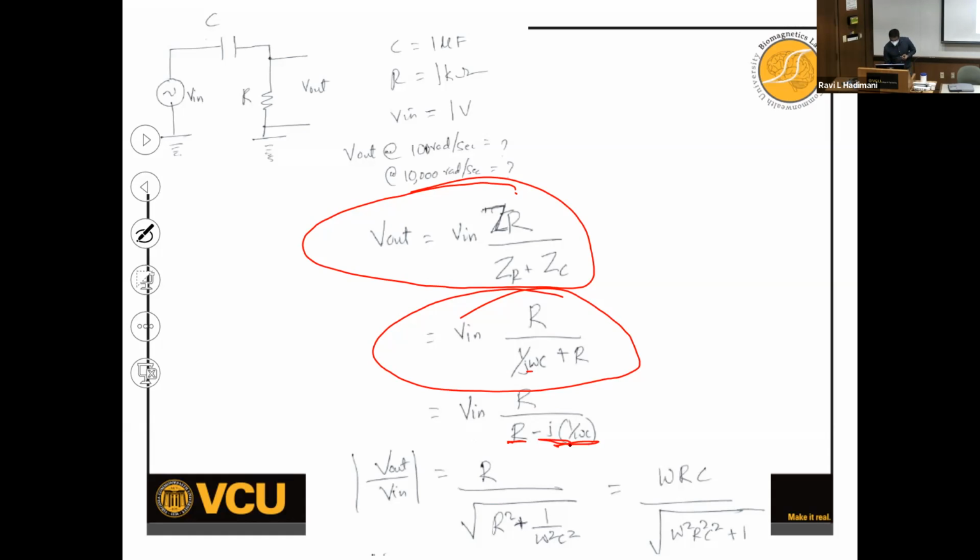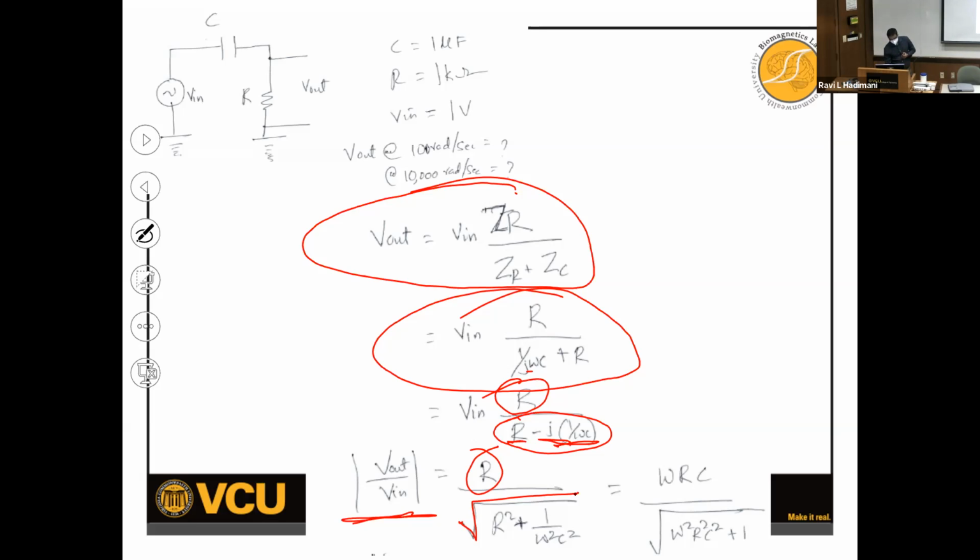Now if you take the magnitude of voltage out by voltage in, the magnitude of that is the same as R, right? The magnitude of this complex number is the square root of the square of the real number plus the square of the imaginary component. So that's what we have here, and if you solve for that, this is what you get.